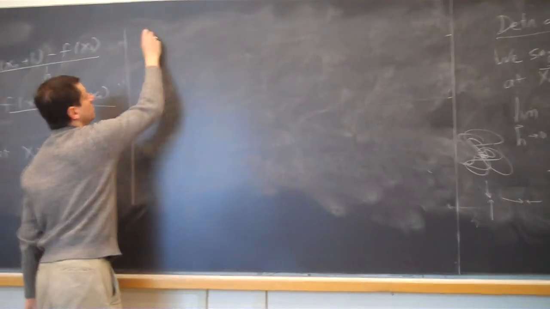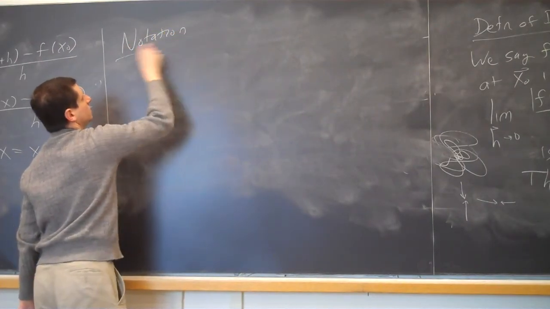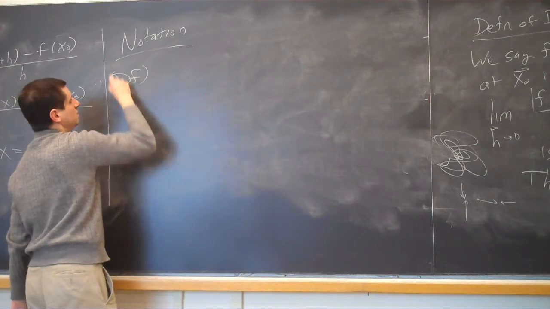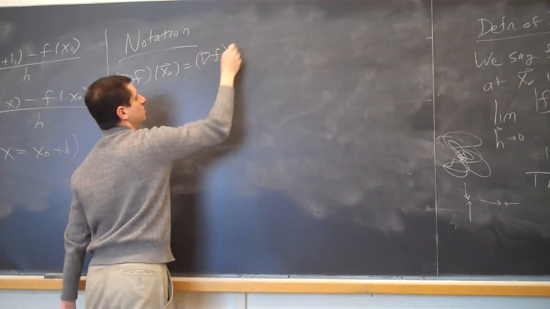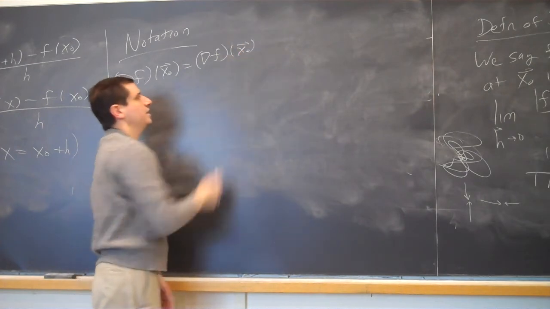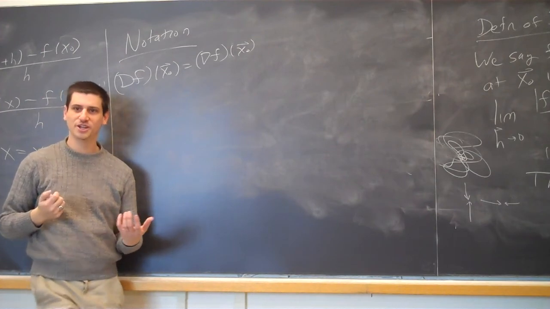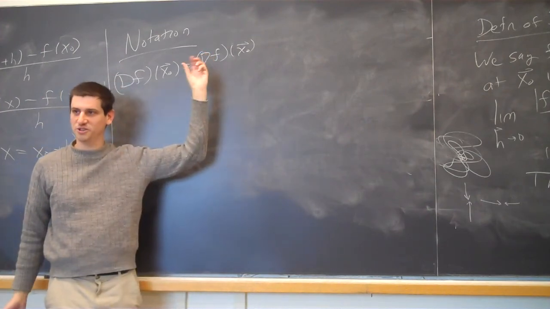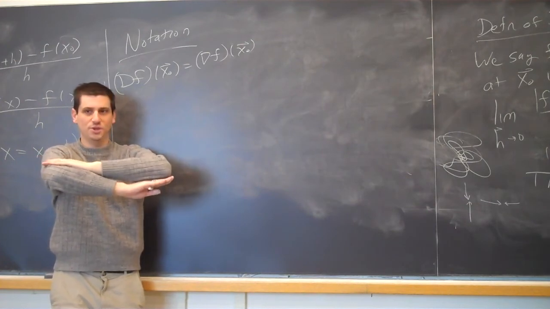And so now, notation. So df at x naught, or upside down triangle at x naught. And again, you can choose which one you want to call upside down triangle or regular triangle. To me, this is the unstable triangle. It could tip over at a moment's notice. For me, the stable triangle has the big base on the bottom.